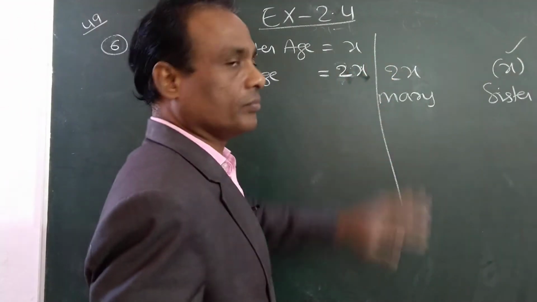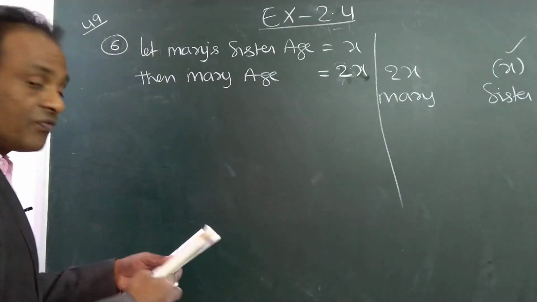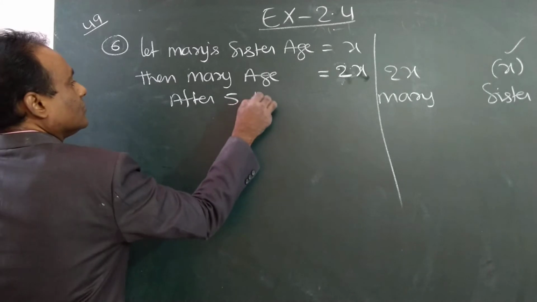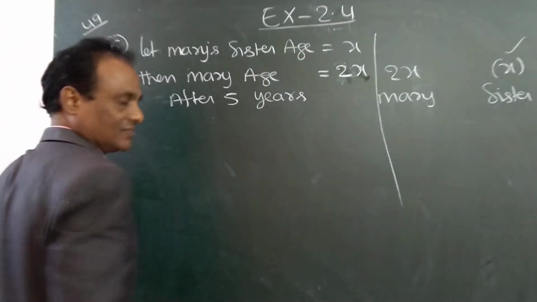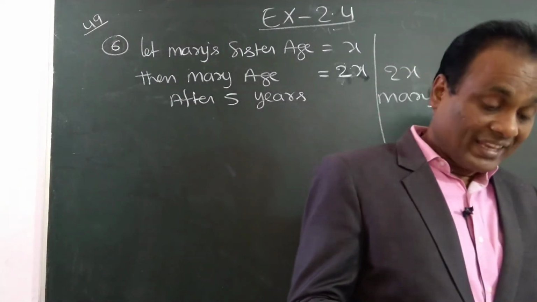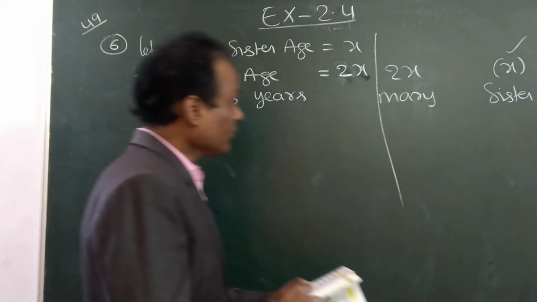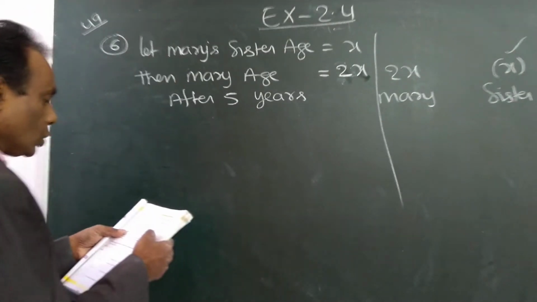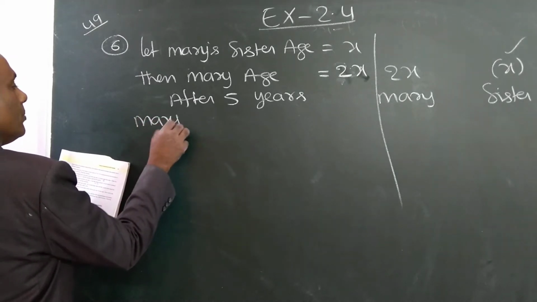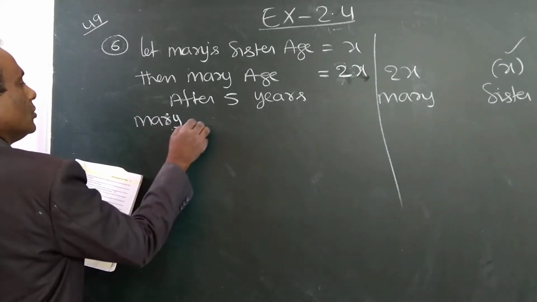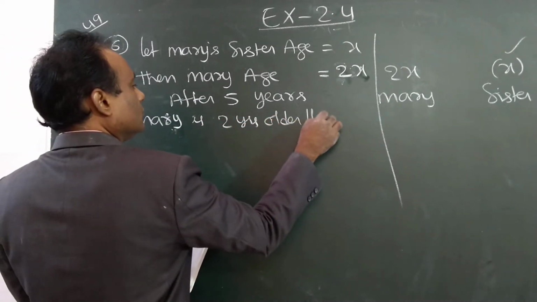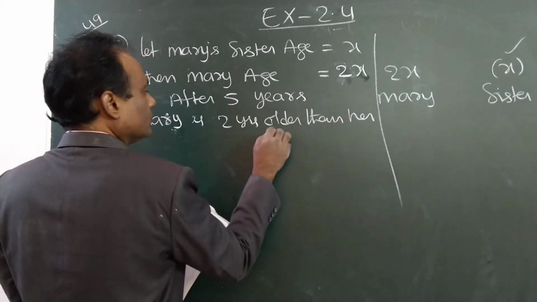Then, after 5 years, these are the present ages. After 5 years, what happened? Mary will be 2 years older than her sister.